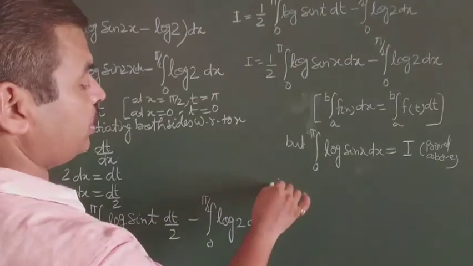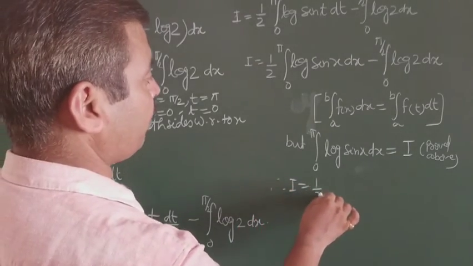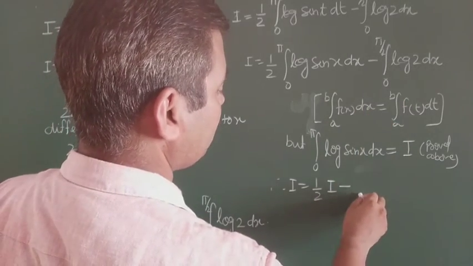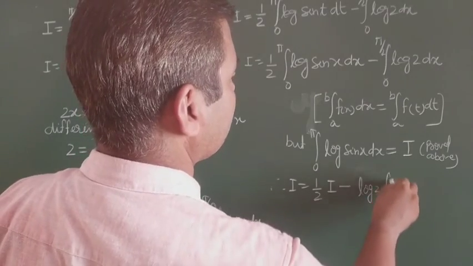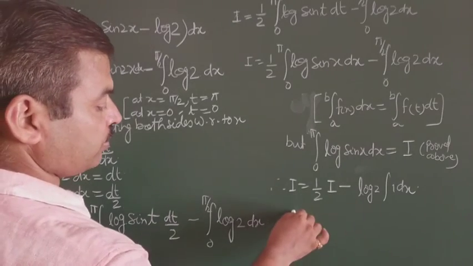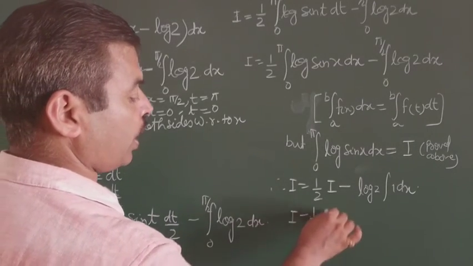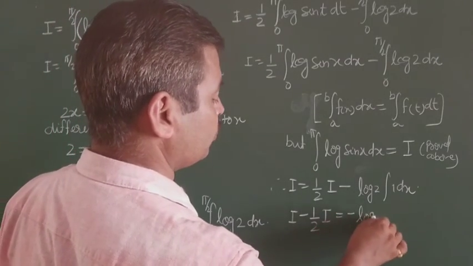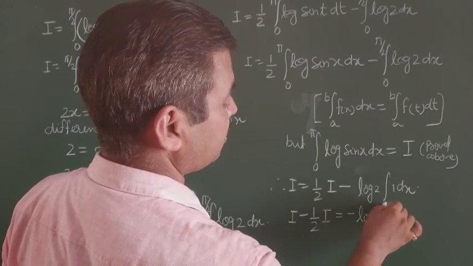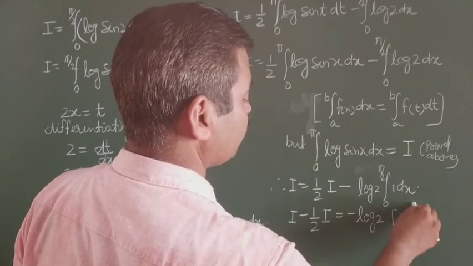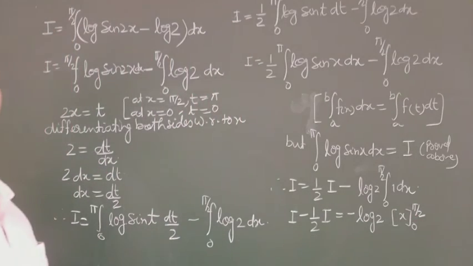So it can be written as I equals to 1 upon 2 I minus log 2 outside, integration of 1 dx. So this part will come this side, I minus 1 upon 2 I equals to minus log 2, its integral of 1 is x, 0 to pi by 2. Correct?